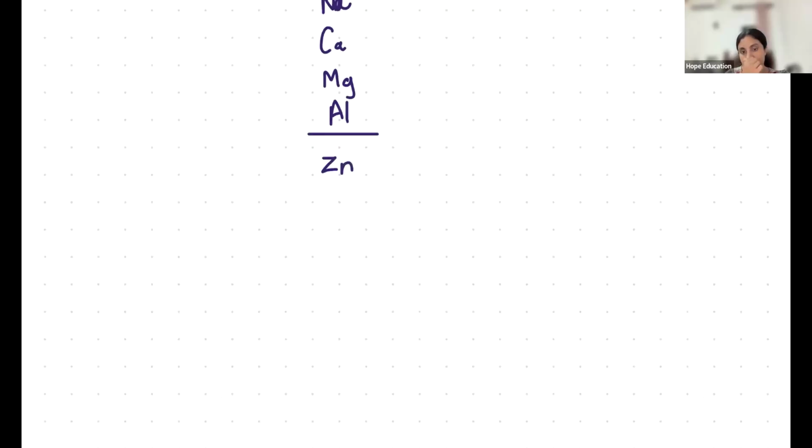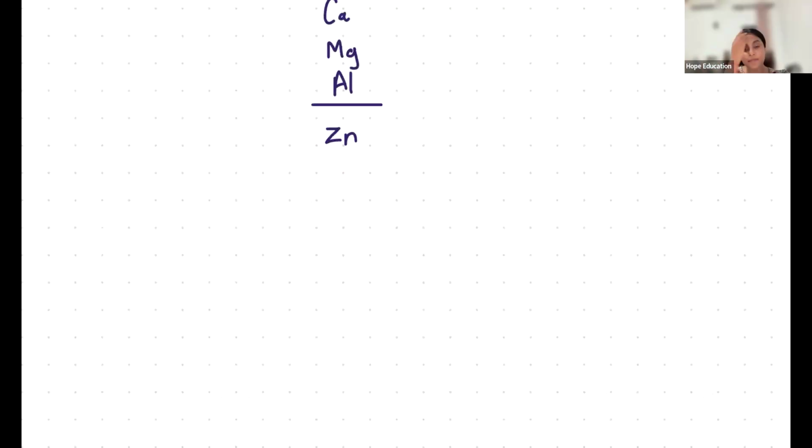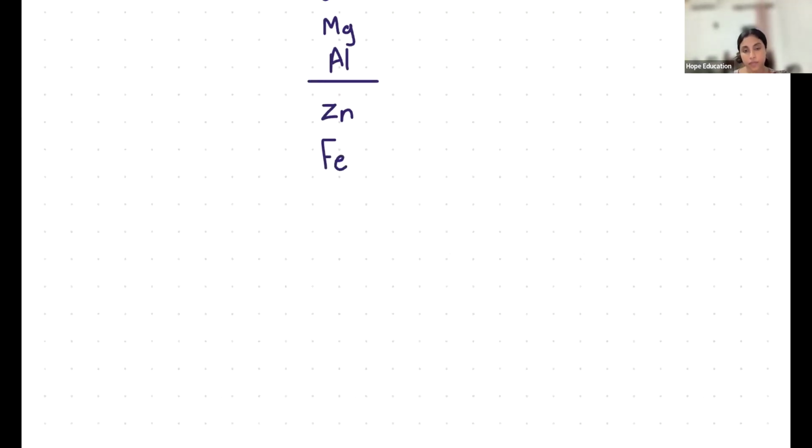Then after zinc, carbon. In the activity series carbon is a non-metal. The activity series is designed for metals, so carbon is definitely not in the activity series. After zinc, iron, yes, Fe. Then others, tin.